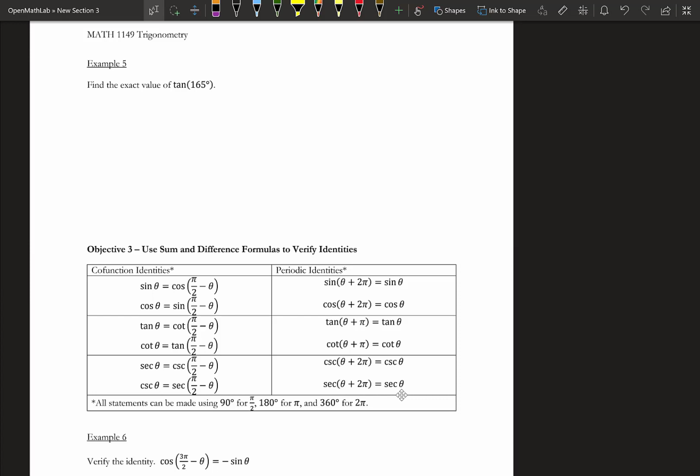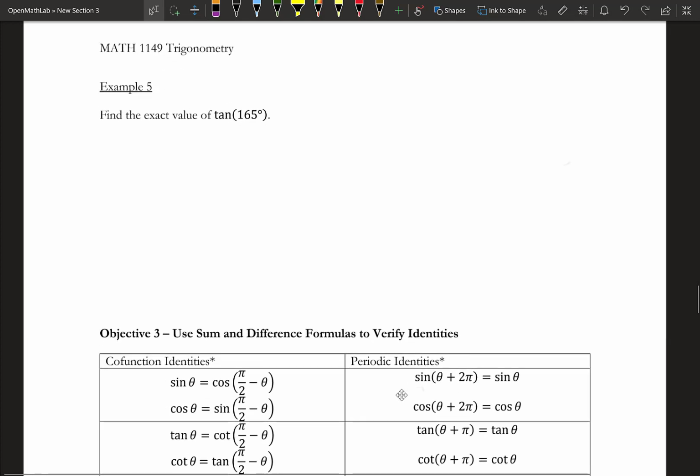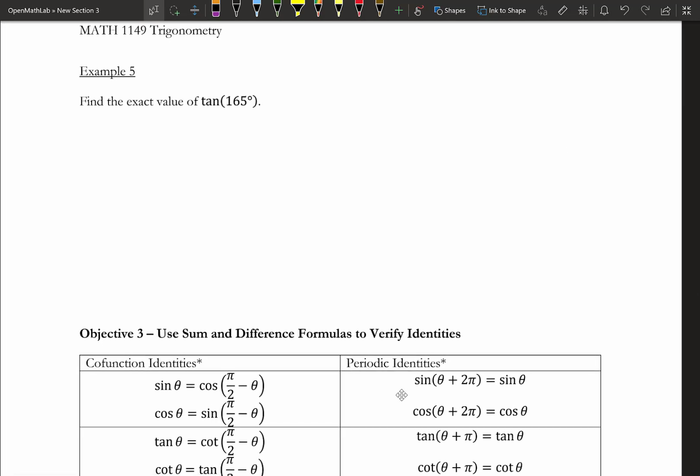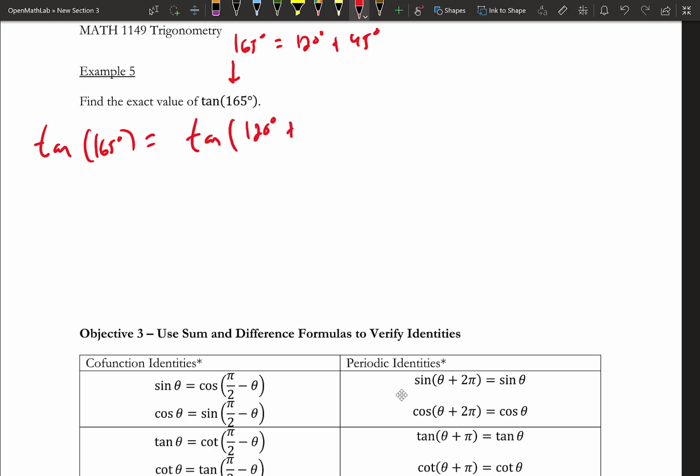All right, so now let's practice using this a little bit. Example 5: we want to find the exact value of tangent of 165 degrees. 165 degrees is equal to 120 degrees plus 45 degrees. The reason those two are special is that 120 and 45 degrees are both on the unit circle. So we can rewrite tangent of 165 degrees as tangent of 120 degrees plus 45 degrees.